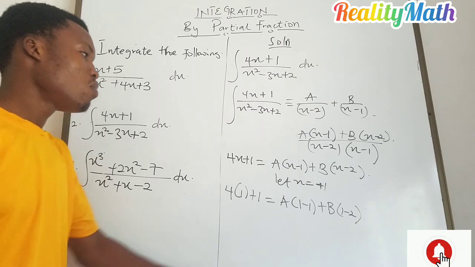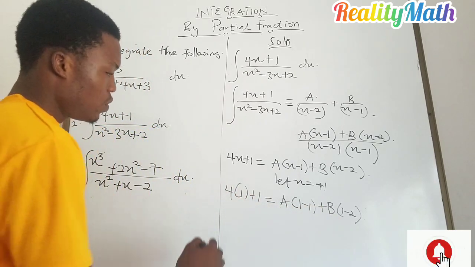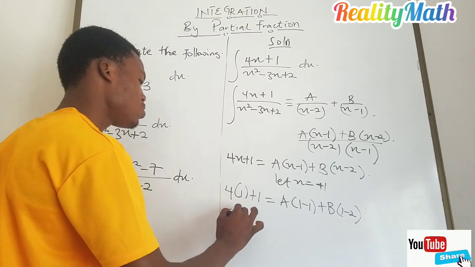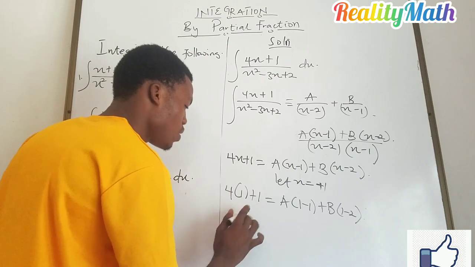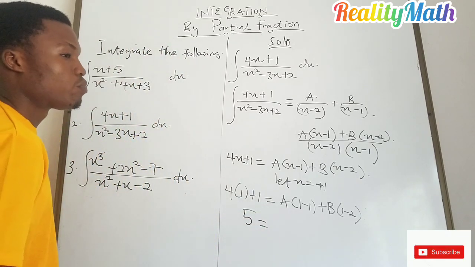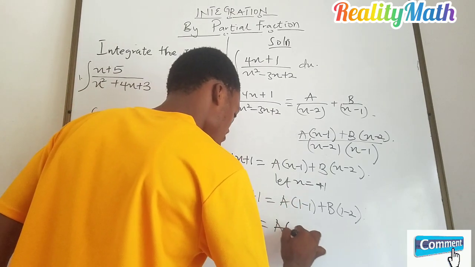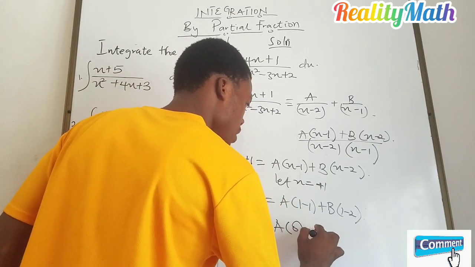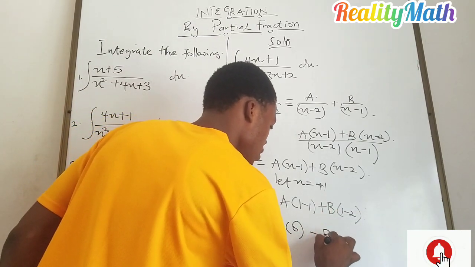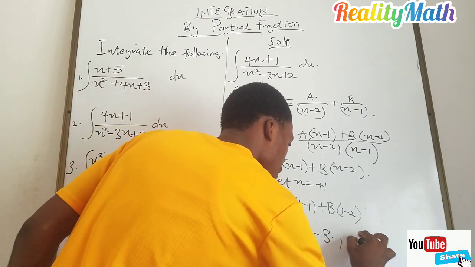The a term will definitely boil down to 0, and 4 plus 1 is 5. So this is a multiplying 0 plus b multiplying 1 minus 2, which is minus 1. So minus b.